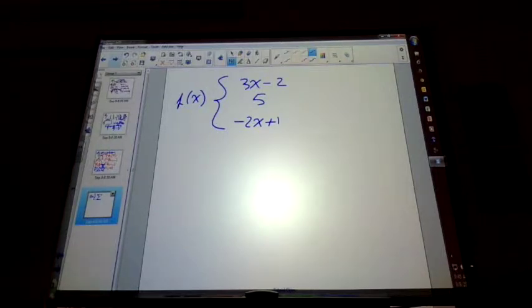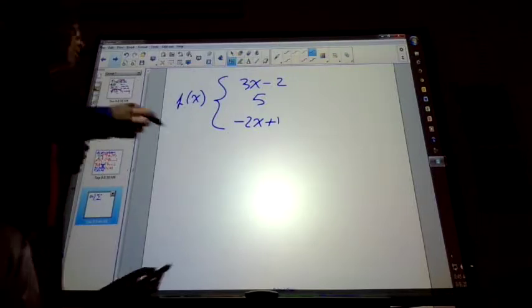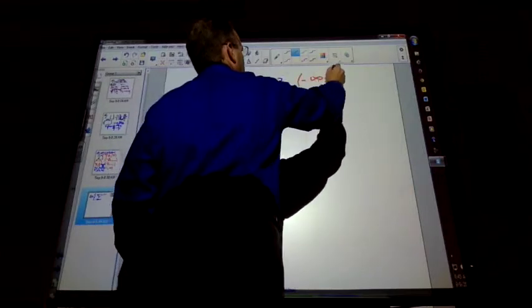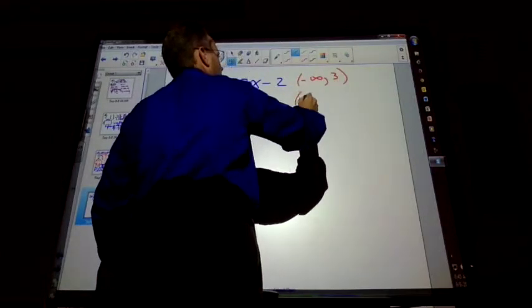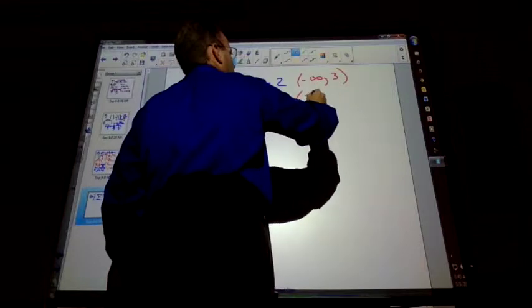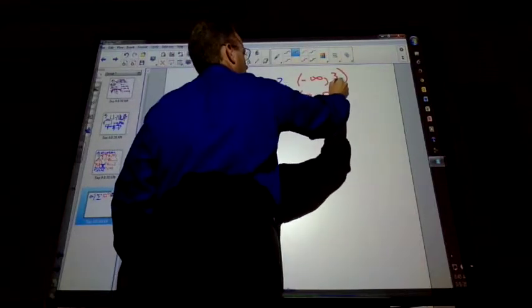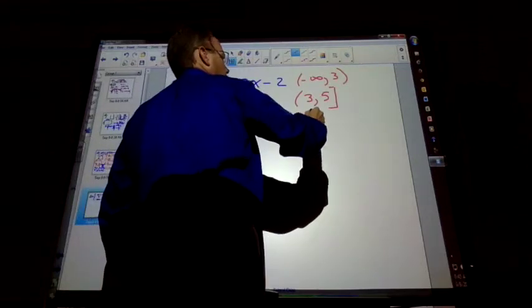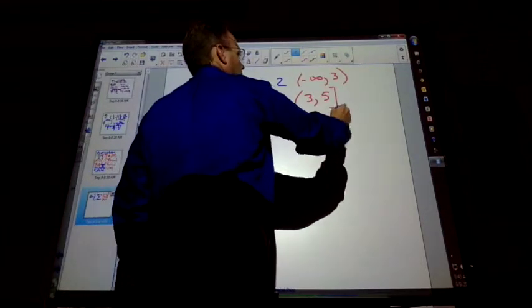And now they're going to restrict you, so you're going to create some sort of domain. This might have a domain of negative infinity to 3. This might have a domain from 3 to 5, with a square bracket, which means it would end there. And this might have an open bracket from 5 to infinity.